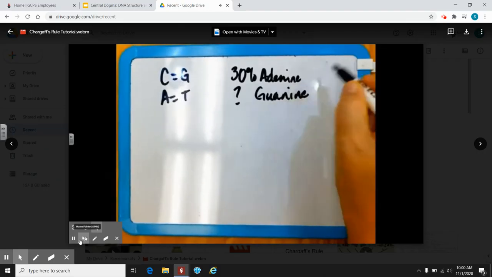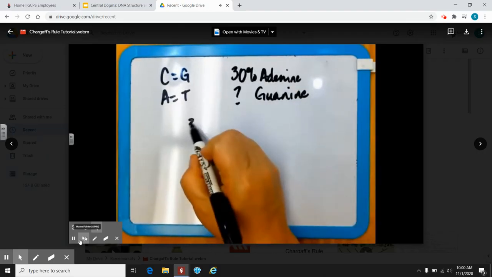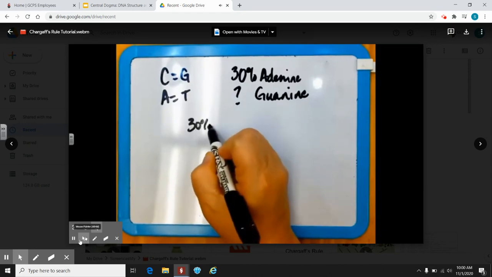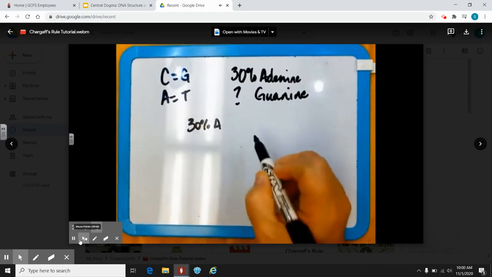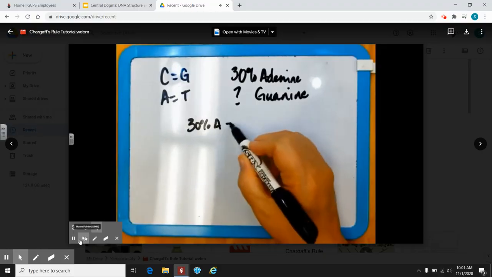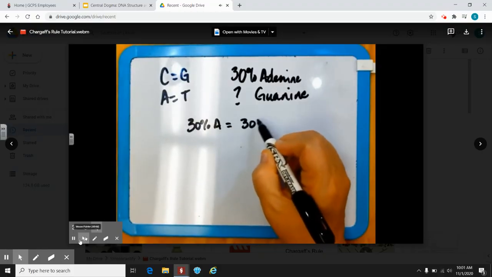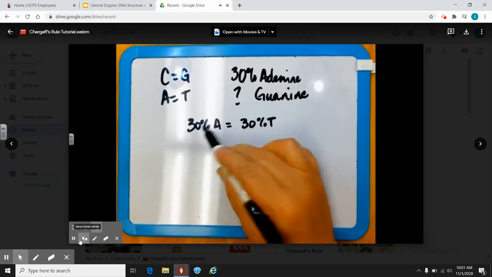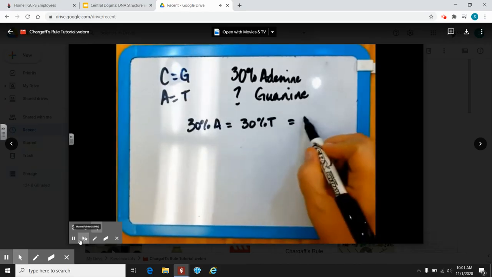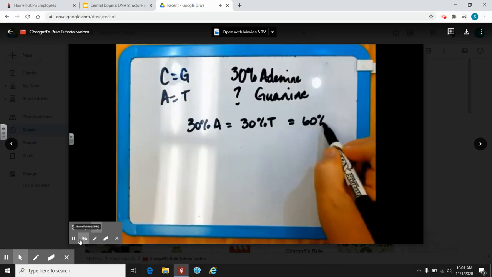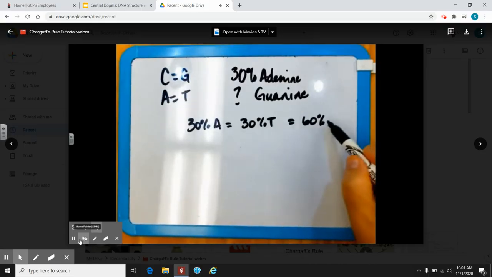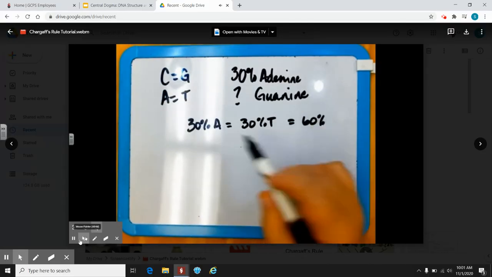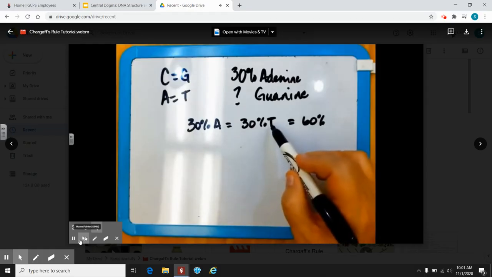So what you have to do is, if there's 30% adenine, we'll just use A, that means there must be 30% T. And 30 and 30 equals 60%. That means 60% of the DNA molecule is made up of A and T.